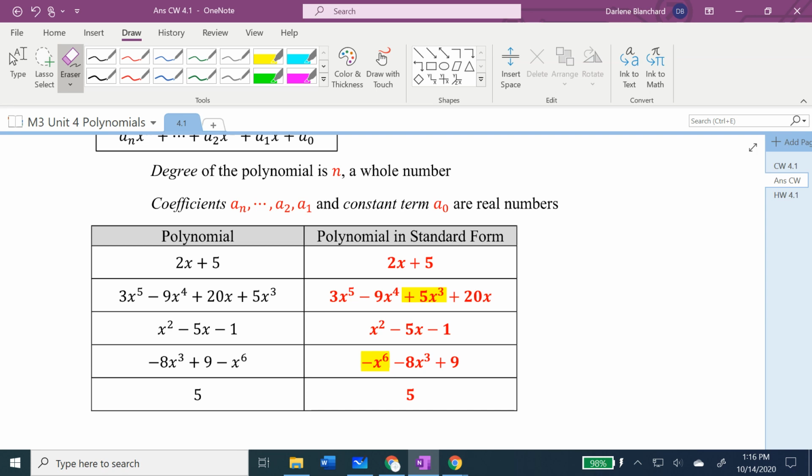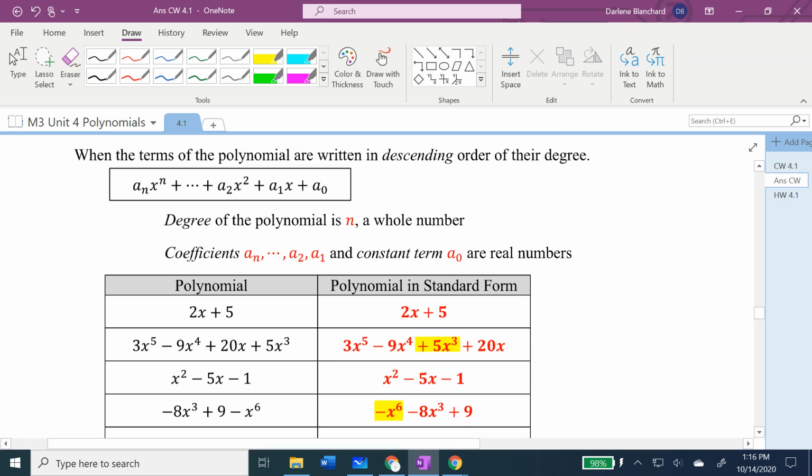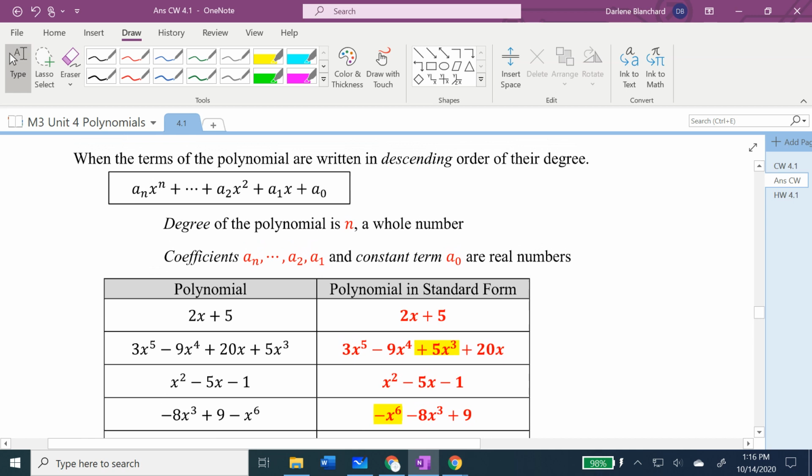Now, also, you're not going to have to get too deep into this right here, okay? But I just want to introduce you to the way to write a generic polynomial function.